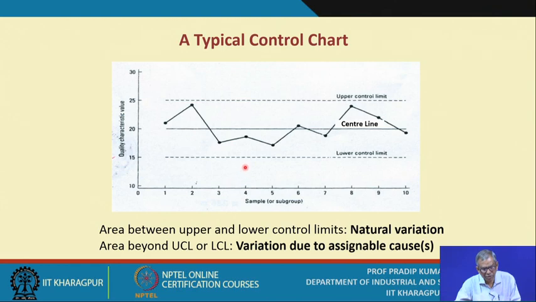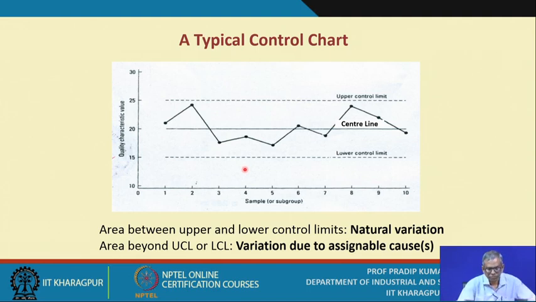But if the point is somewhere here, against the fourth sample, you will find that there is a variation, because your target is the center line. Now, this variation is due to some assignable cause, and something has gone wrong at that point in time while you collected data for the fourth sample. So, this is referred to as the assignable cause.